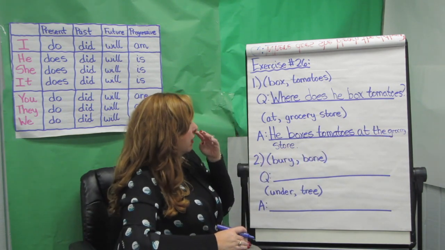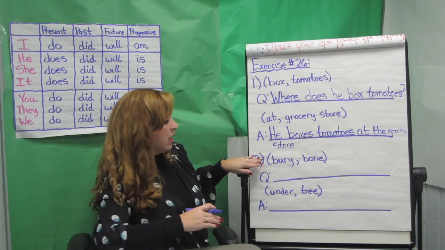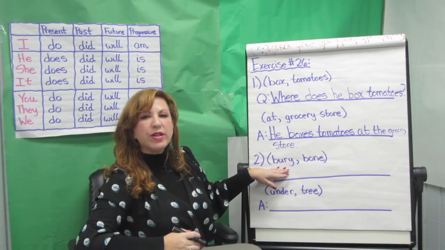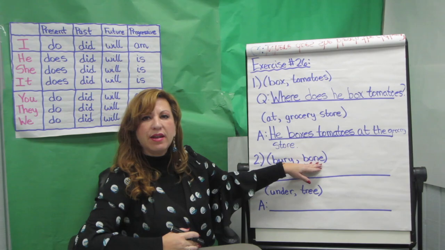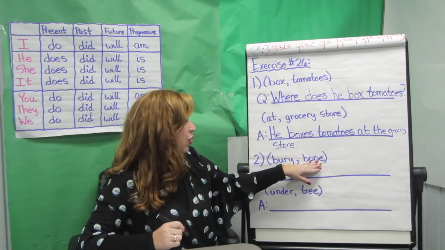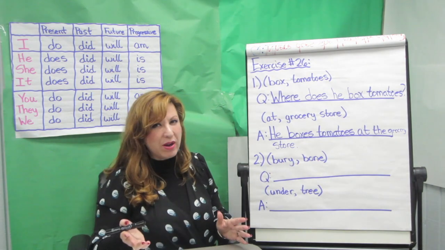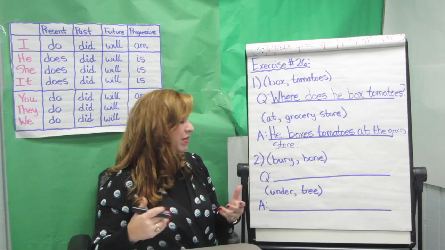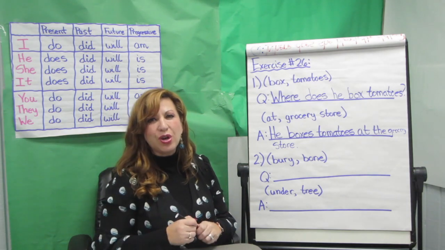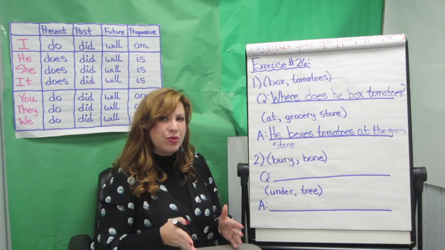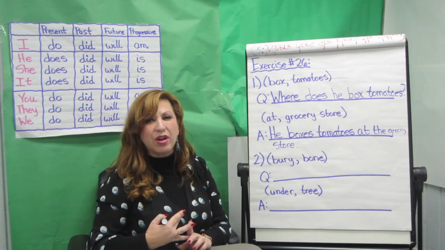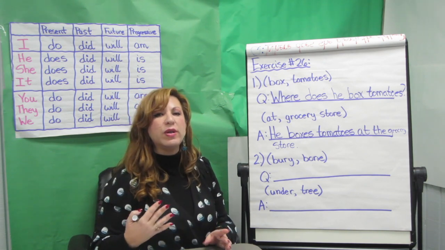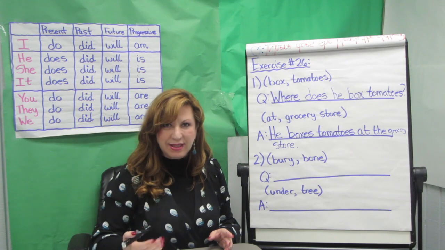Okay, so now let's move into number 2. We're going to use the verb bury and the noun bone. When I think of bury and bone, I'm thinking of a dog. But just so you know, if you don't know the name or gender of an animal, you could always use the pronoun it.